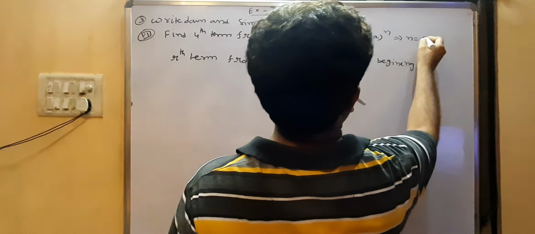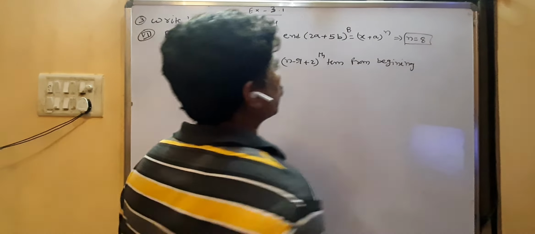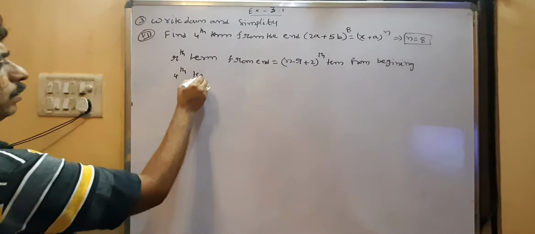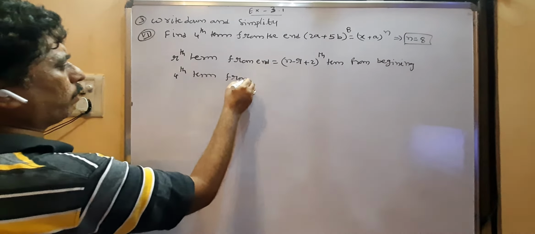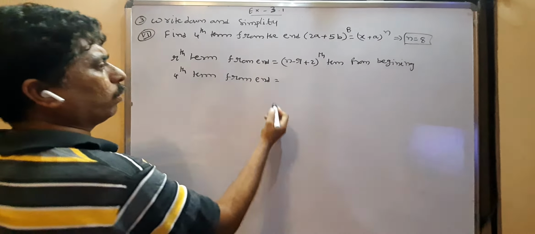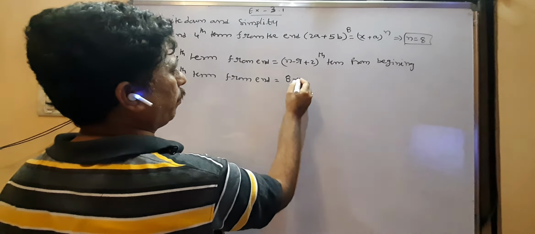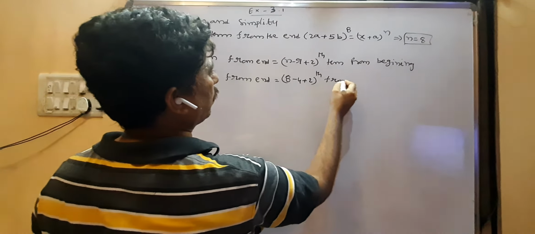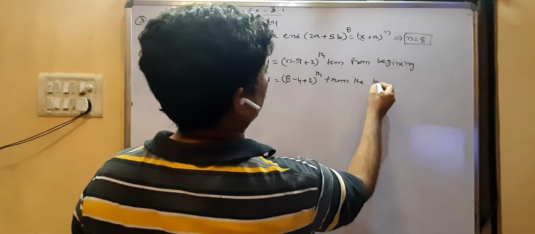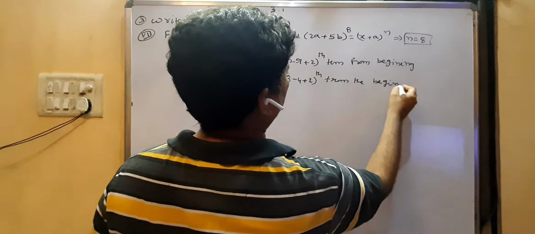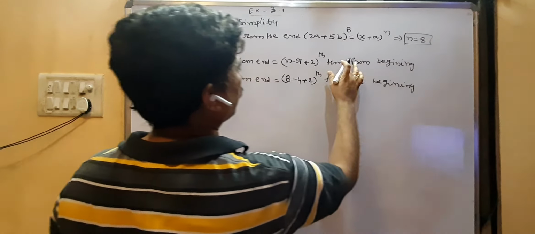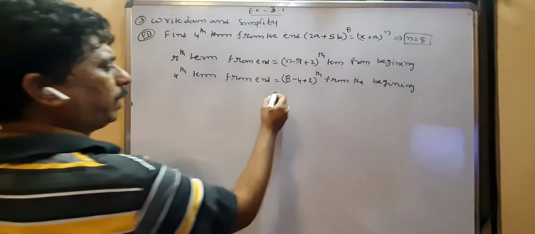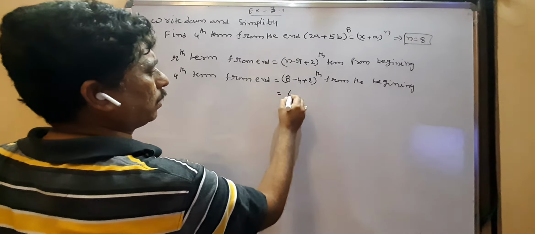Then place n equal to 8. So they are asking the 4th term from the end, equal to n minus r plus 2th term from the beginning. n is 8, 8 minus 4 plus 2, that means 8 plus 2 is 10, 10 minus 4 is the 6th term from the beginning.